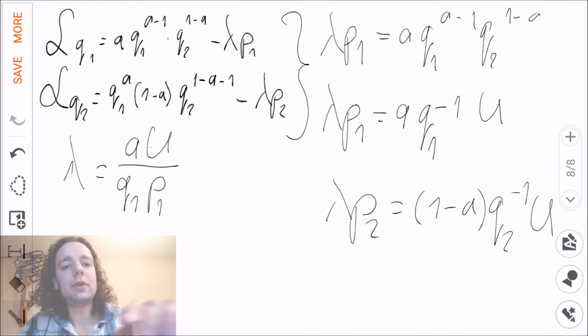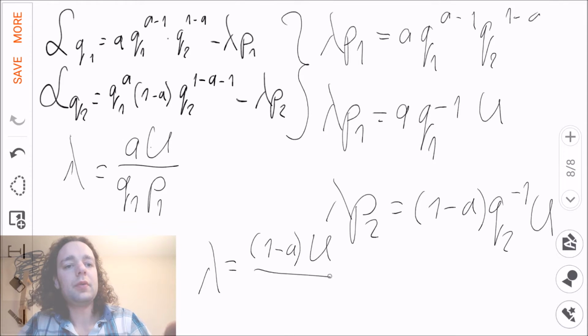P1 to the other side, we divide, excellent. And here we get lambda equals 1 minus A times U divided by Q2 P2.